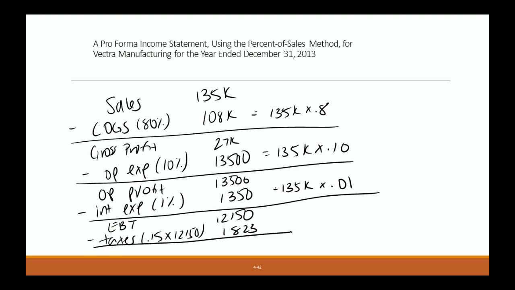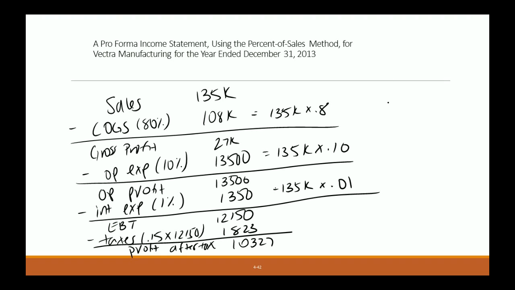That gives us our profit after tax of 10,327. If we assume that dividends are the same, 4,000, then that would leave us $6,327 left over to go towards retained earnings.